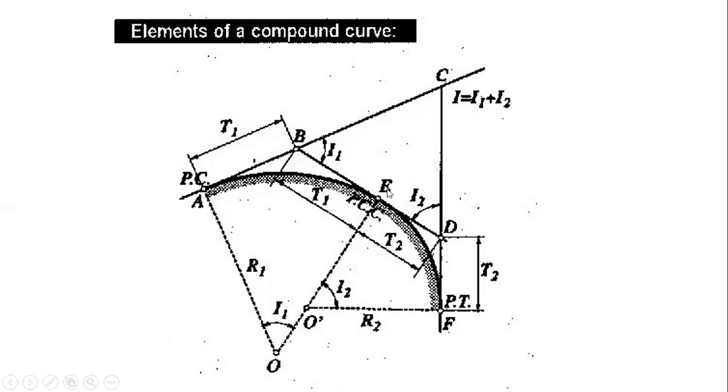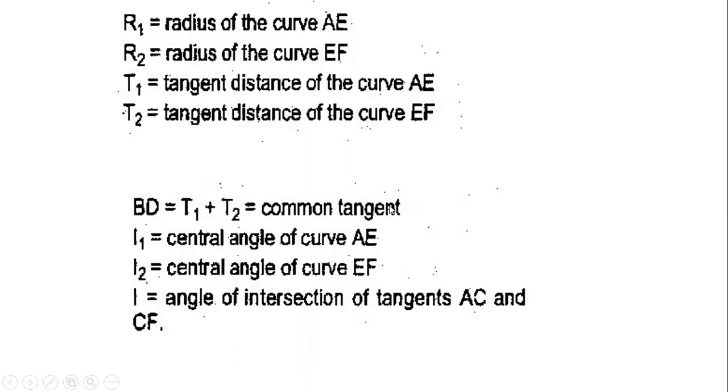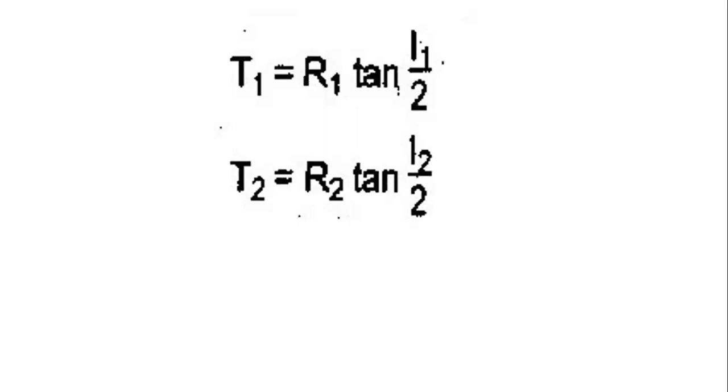And this point E is the PCC. So we have here the following variables, okay? So we have the same R radius, T for the tangent, I for the central angle, so on. Of course, if you try to add this T1 and T2, this represent the length of the common tangent. And we have the same formula, T as R tangent I over 2.